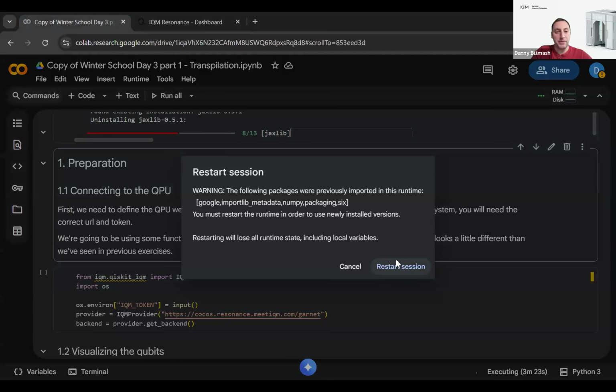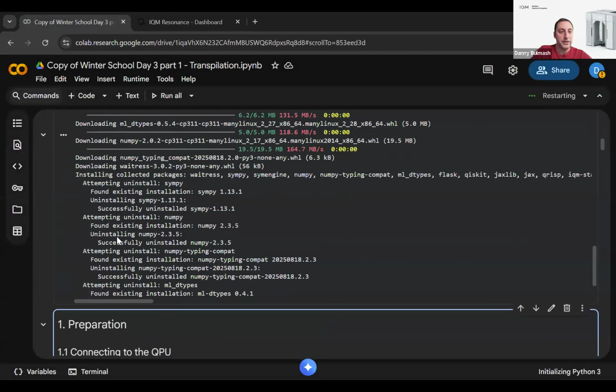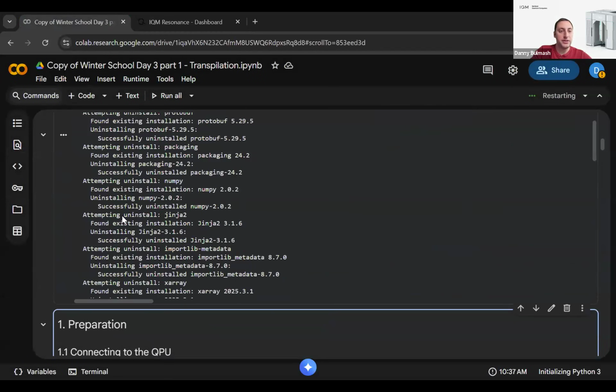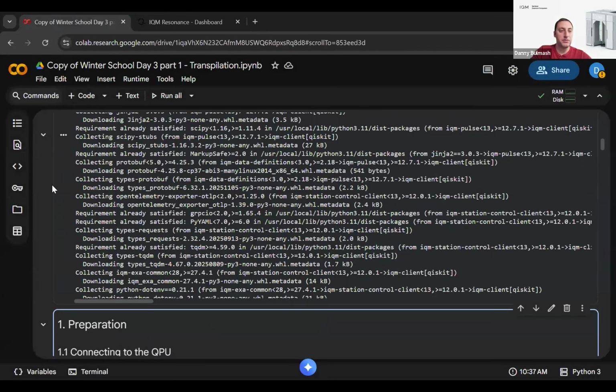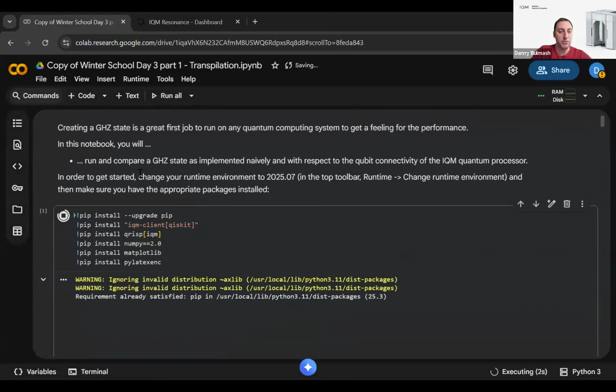So let me get my restart session done. And once that's done, I'm going to run my installs one more time to make sure everything's running properly.